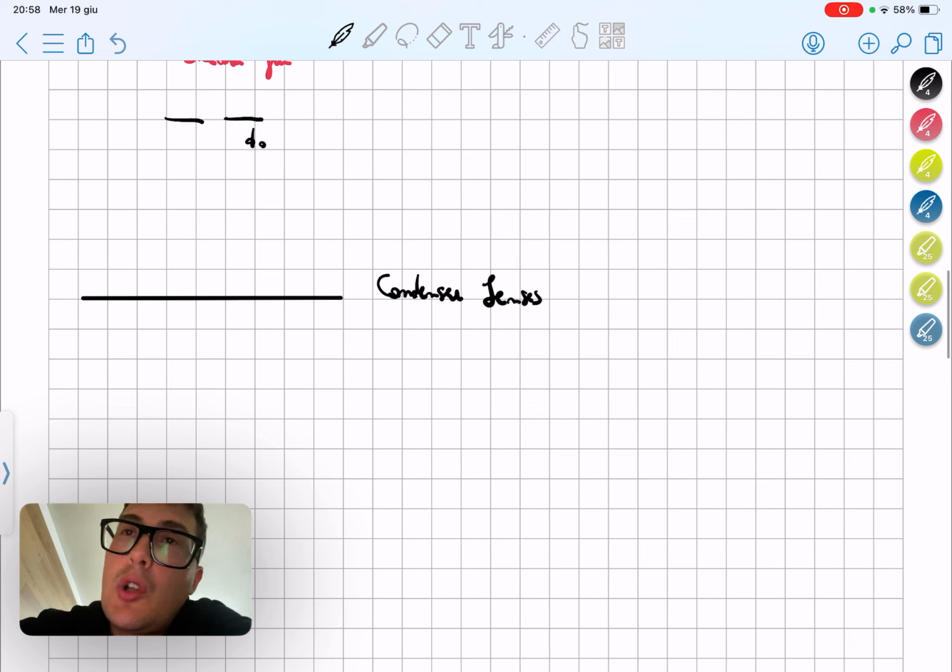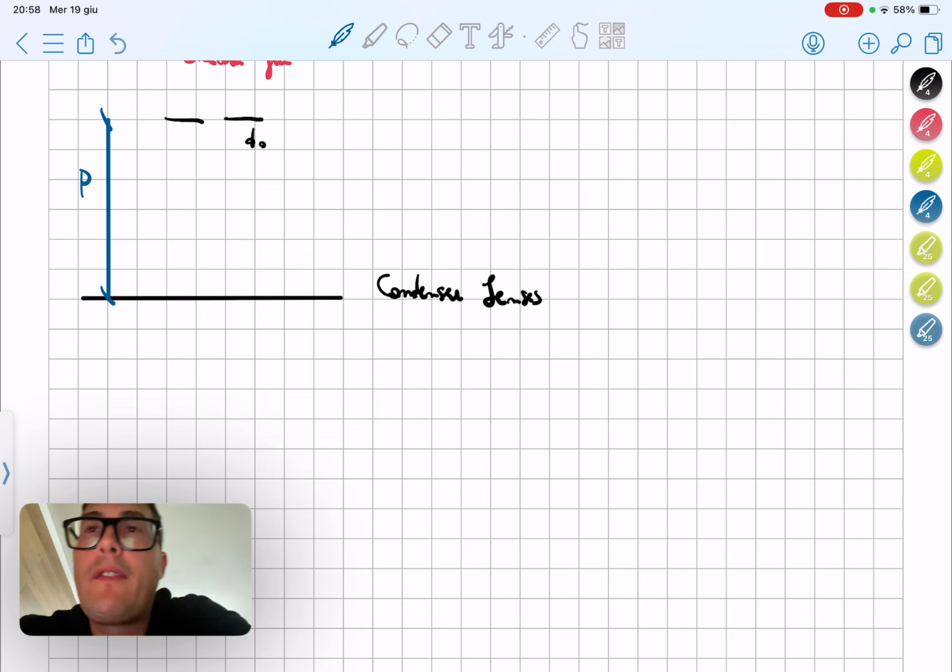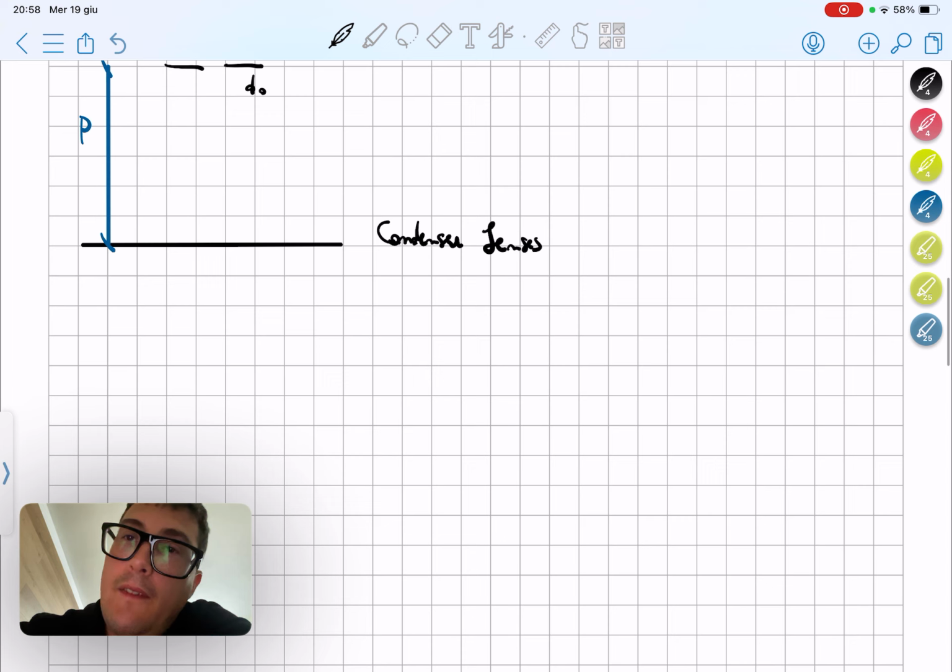These lenses are located at a distance that we can call P from the aperture, and they have a depth or a height that we can call Q.